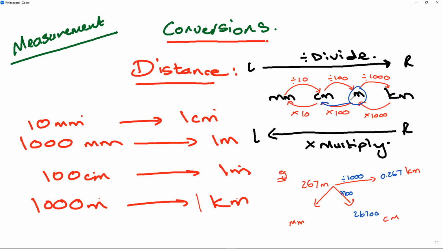And if I want to go from meters to millimeters, then I've got to multiply by 100 and multiply by 10 as well. So I have to multiply by 1000, and it comes to 267,000 millimeters. Okay.